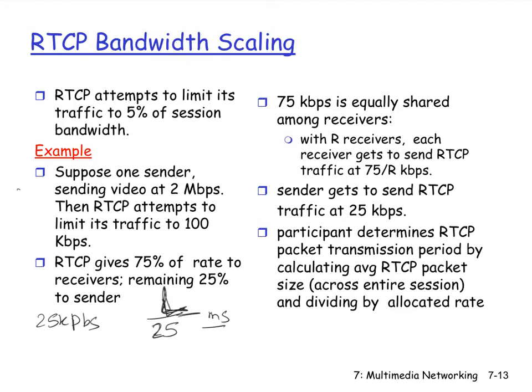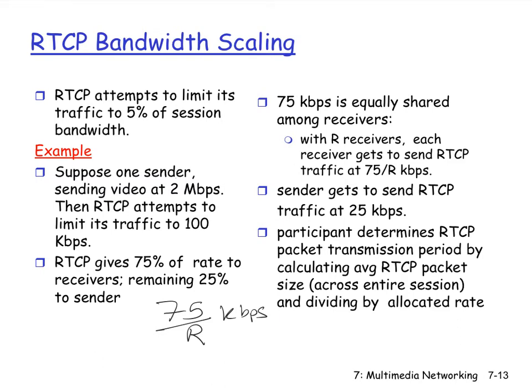which will be equally shared amongst all the receivers. So if you have R receivers, you have 75 divided by R kilobits per second for each receiver.